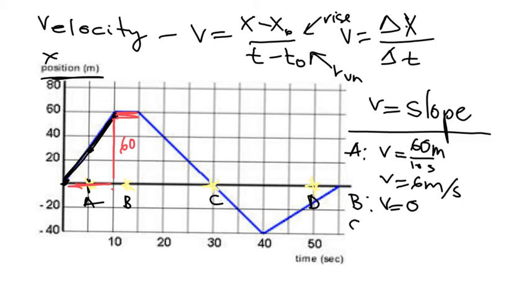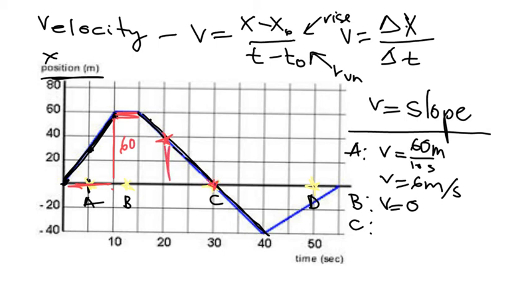Okay. For C, again, I can take any points along this line. So I'm going to pick some easy points. Okay, I'm going to pick this point right here, so it's at 20 and 40, and this point right here.